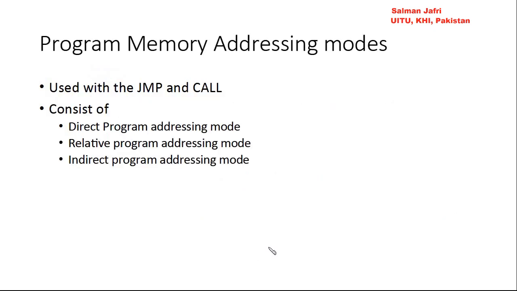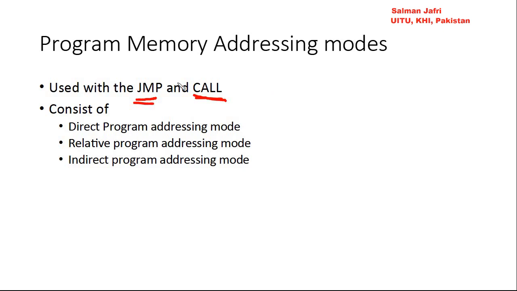Now after the data addressing modes, we can take a look at the program memory addressing modes, and they are used with the jump and call instructions. So jump and call instructions basically use the program memory addressing modes. What is the evidence that you are using a program memory addressing mode?